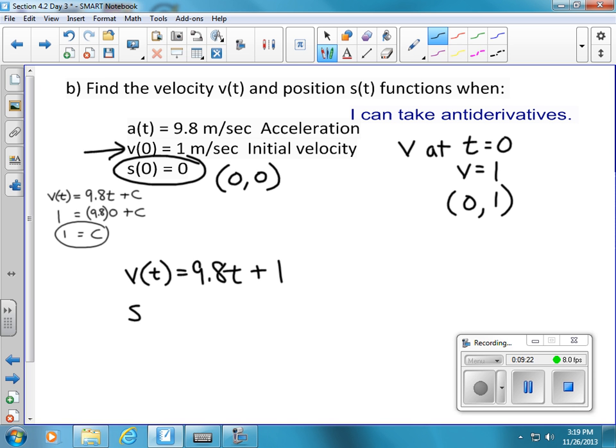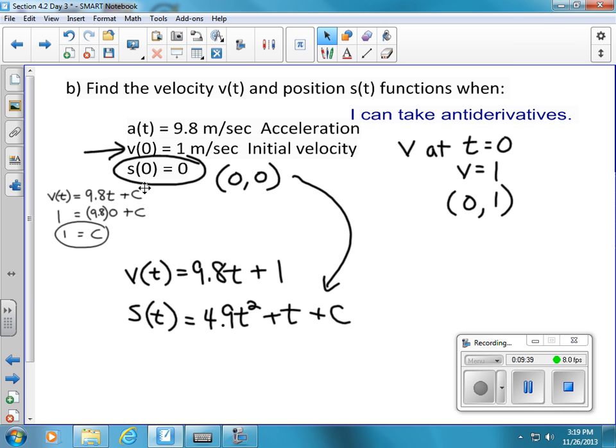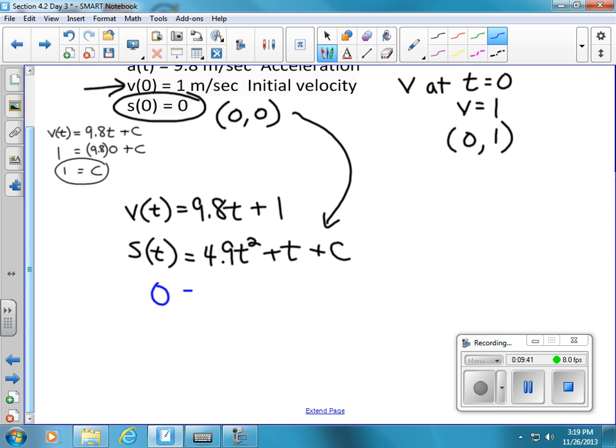So our position equals 4.9 t squared. I added 1 and divided by 2, plus 1t plus another c. Now we're going to take 0, 0 and plug it in here. So 0 equals 4.9 times 0 squared plus 0 plus c. Uh-oh, c equals 0 on this one.